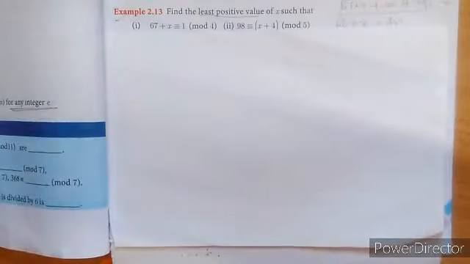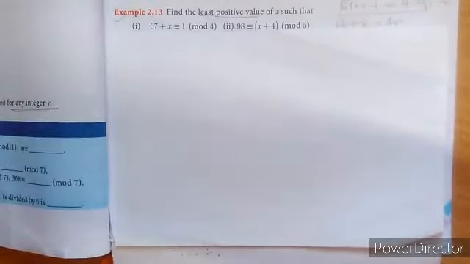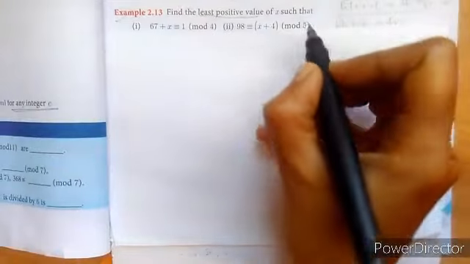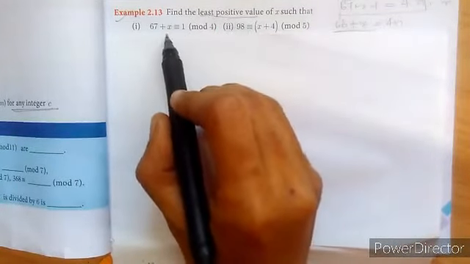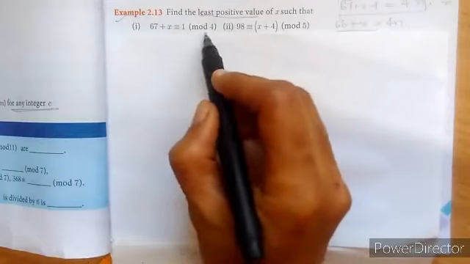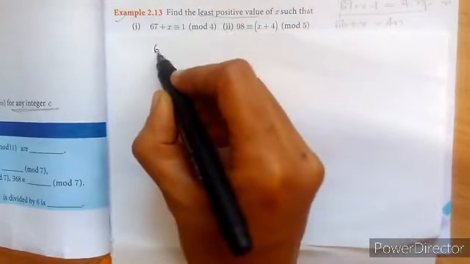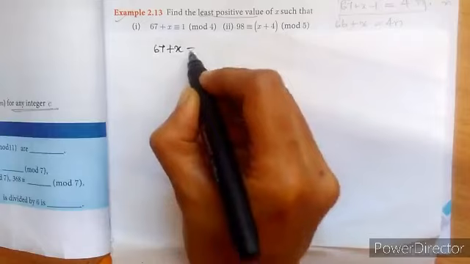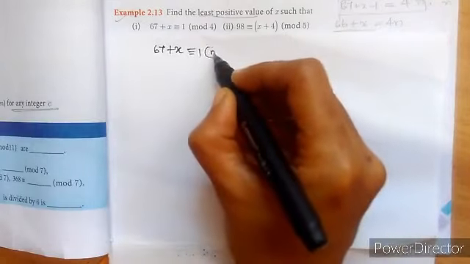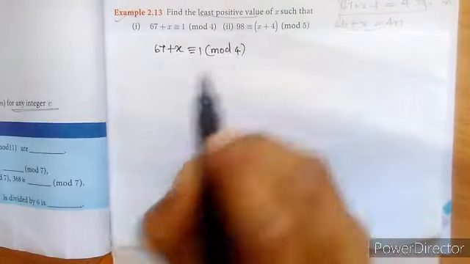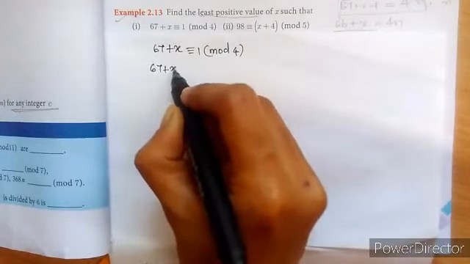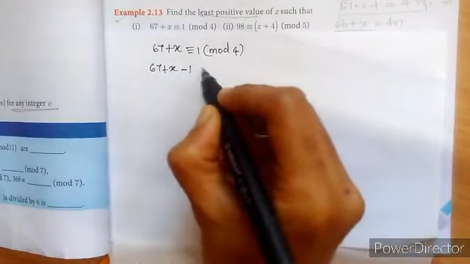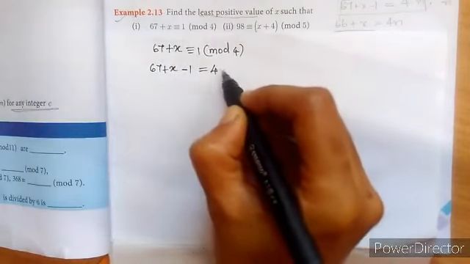Example 2.13. Find the least positive value of x such that two equations are given. First one is 67 plus x congruent to 1 mod 4. So this can be written as 67 plus x minus 1 equal to 4 into some integer.